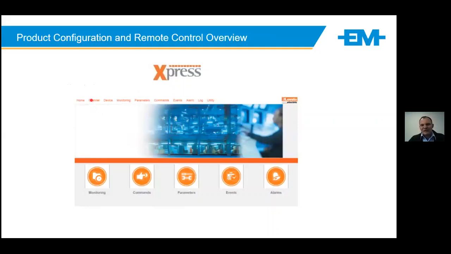So we've covered the controller and the thyristors available from Lovato, and the software that we would typically use to configure or remote control and view those product lines is what we'd call Synergy Express.